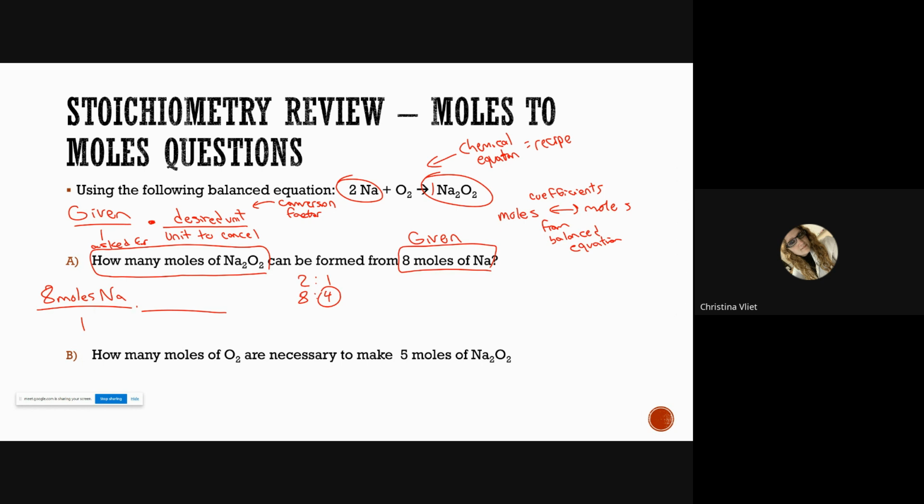So you would put 2 moles of sodium on the bottom and 1 mole of Na2O2 on the top. You cancel out the moles. That's what unit conversion is. And then you do 8 divided by 2, which is 4. And the answers are the same. Yes? Kind of make sense?